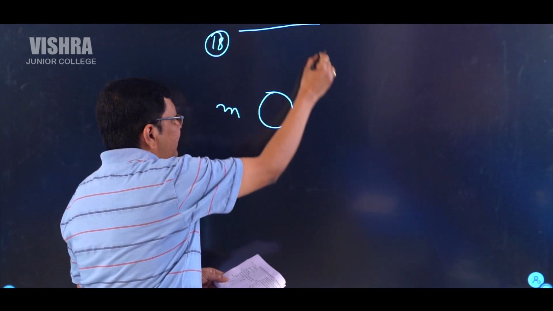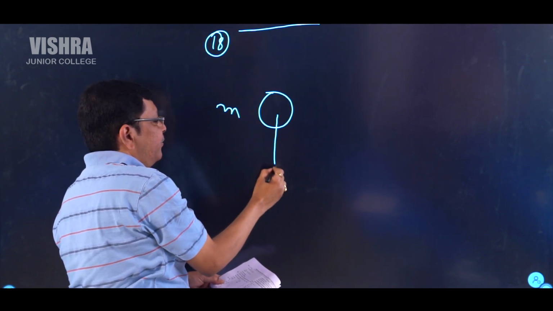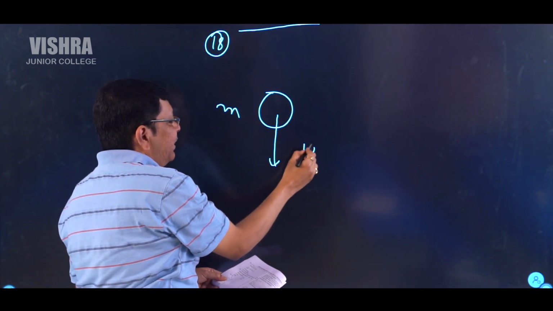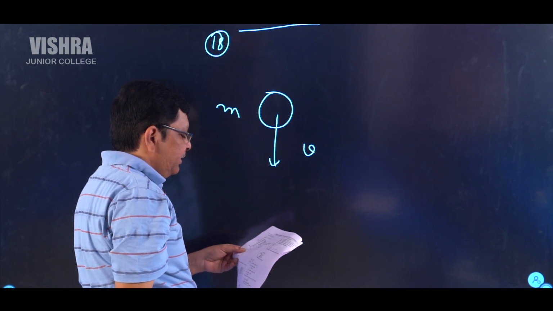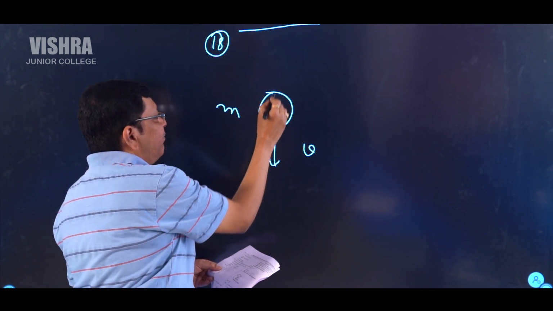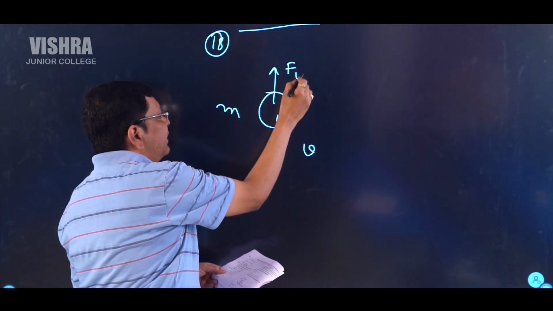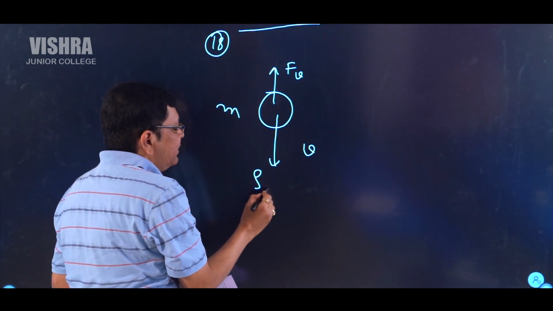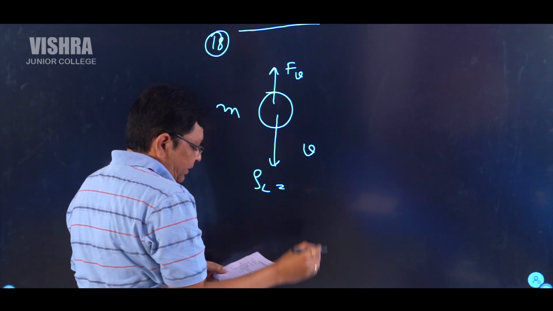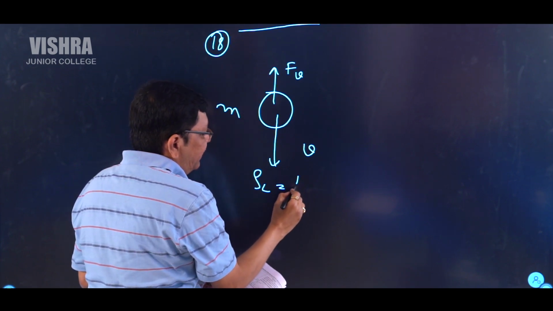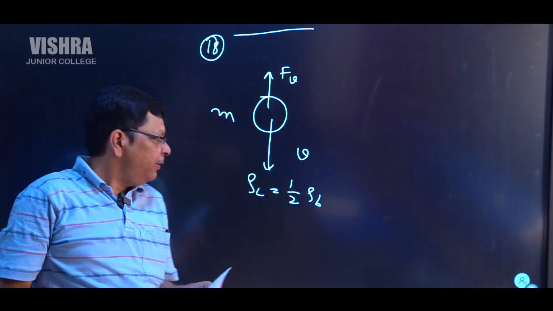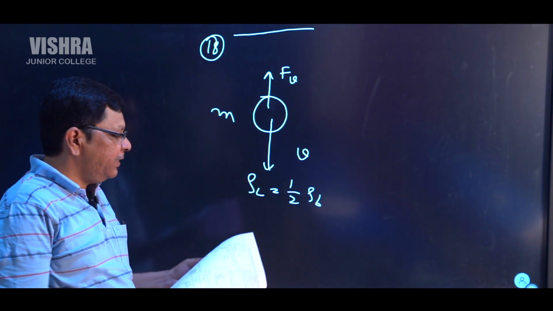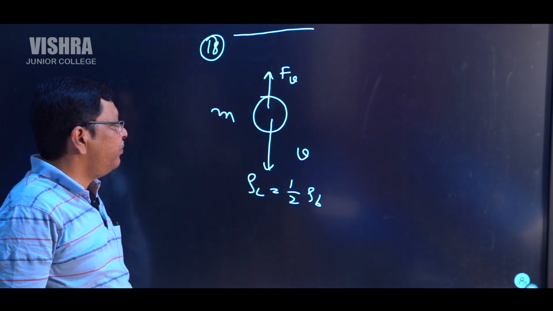When it is completely dropped in the glycerin while going down and attains a constant velocity, what will be the viscosity force acting on the drop? That is the question. It is given that the density of the glycerin liquid is half of the density of the body.